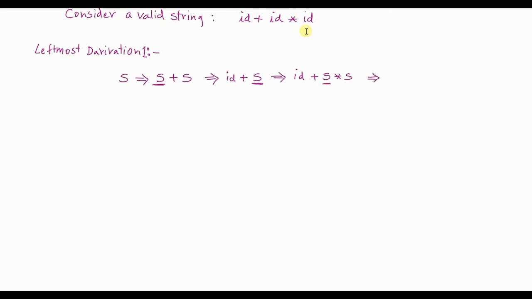Then I replace S with ID because I want an identifier there, into S, and finally this S I replace with identifier ID so as to get the required string.